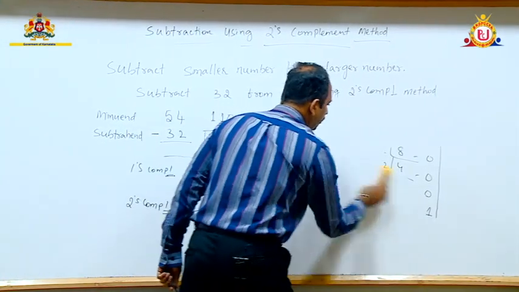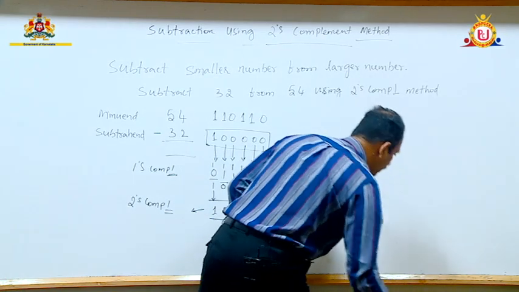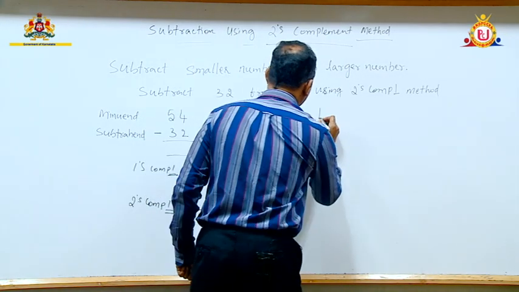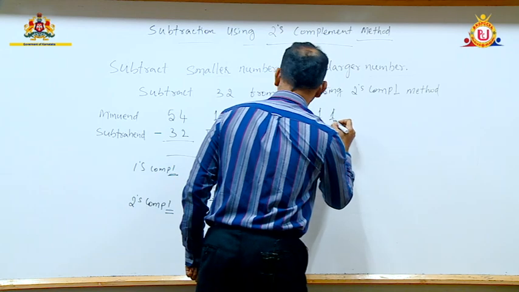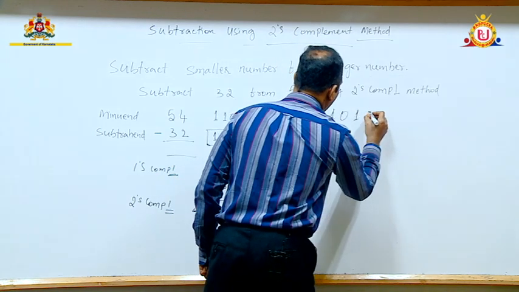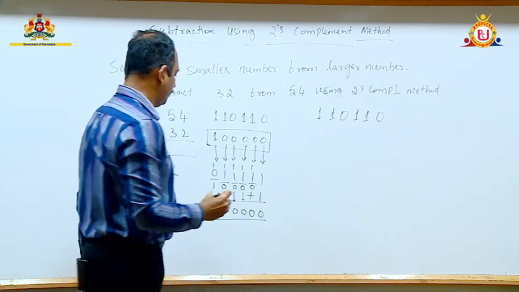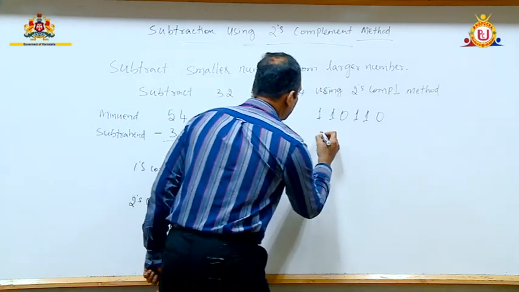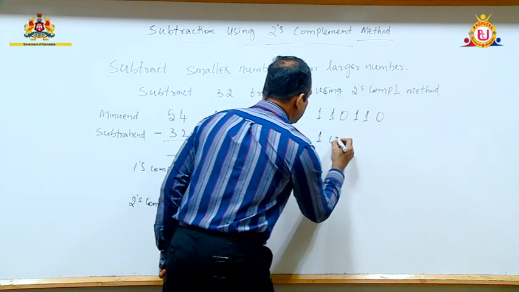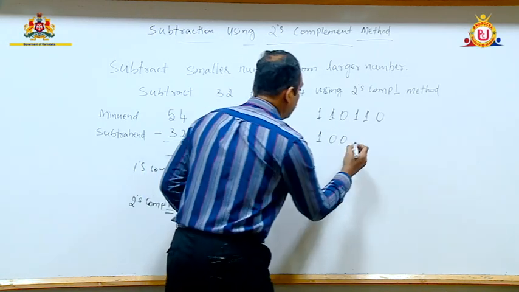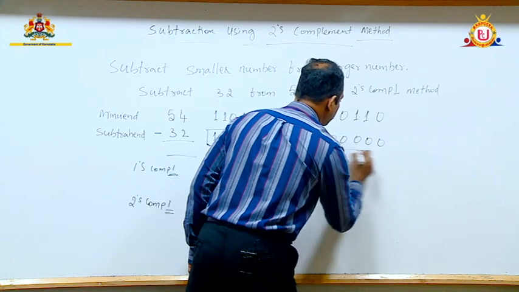Let me rewrite both the numbers. That is 1, 1, 0, 1, 1, 0, and the 2's complement number is 1, 0, 0, 0, 0 and 0.